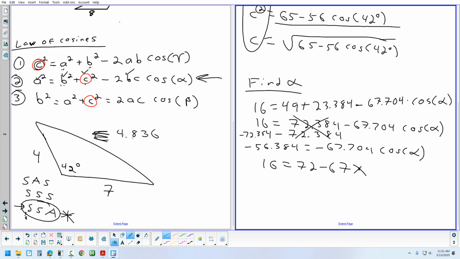All right. So now we're getting closer to having alpha by itself. What would be my next step? Divide by negative 67. Yep, so divide each side by negative 67.704.